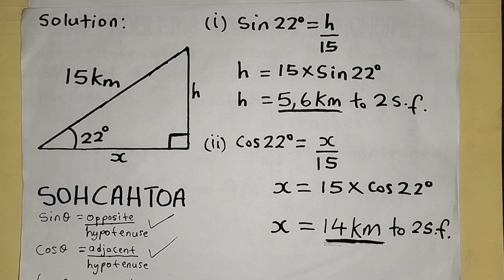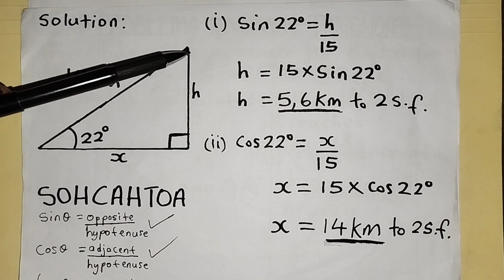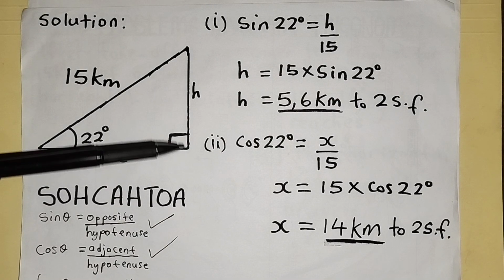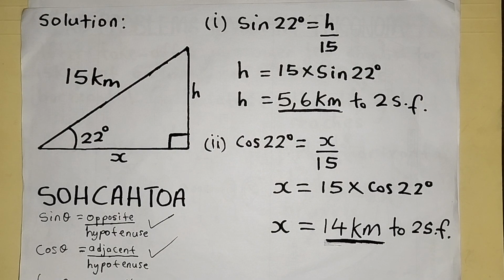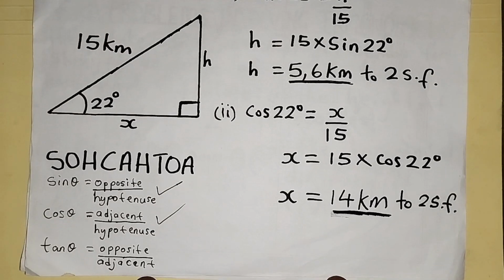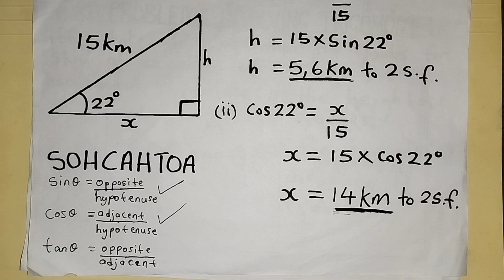Okay, so this right angle triangle is the one which you are going to use, and it represents correctly the situation which you have. Okay, so first of all, we want to find the height it reaches when it maintained an angle of 22 degrees to the ground and it traveled for 15 kilometers up to this point. So we want to find this height it reached. Okay, so the acronym SOHCAHTOA will help us to pick the appropriate ratio and use it to calculate the height which was reached by the jet.